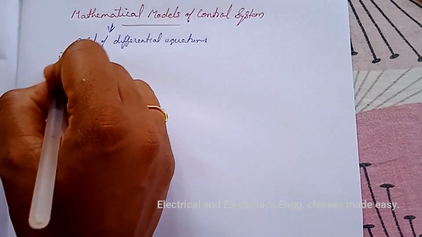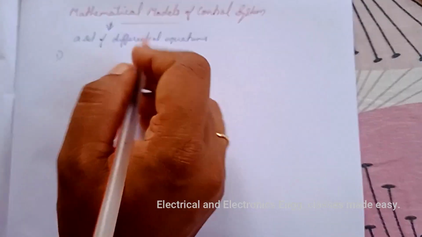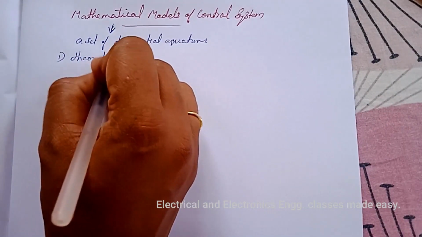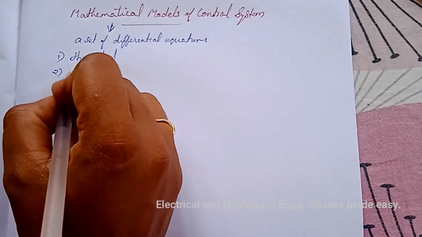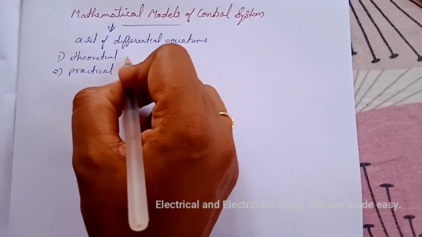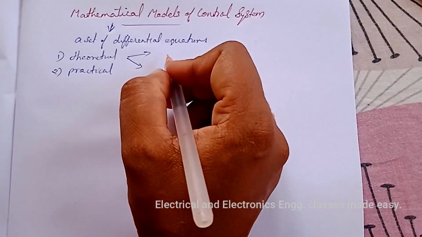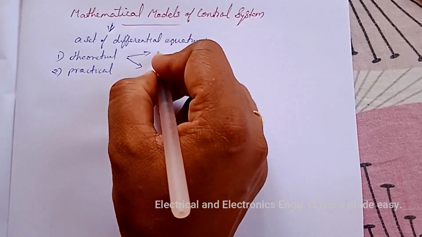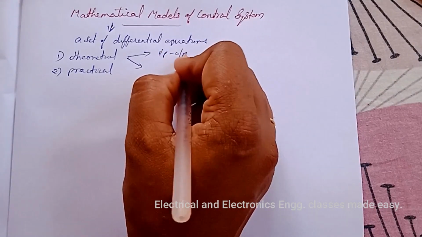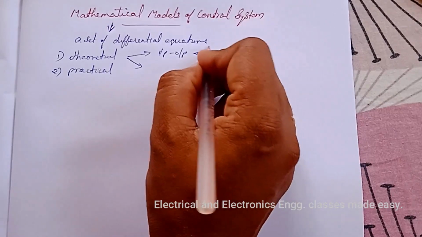There are two ways to find the behavior of a system, that is, theoretical and practical. In theoretical representation there are again two different ways. One is input output representation, which is again divided into two.